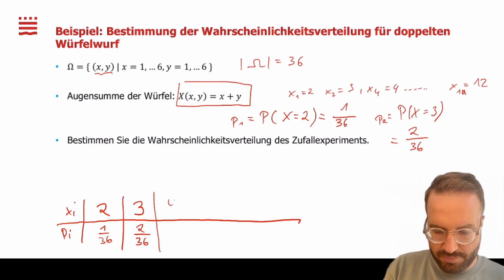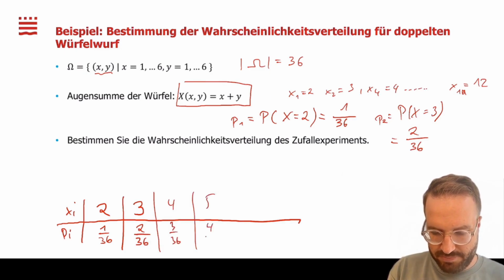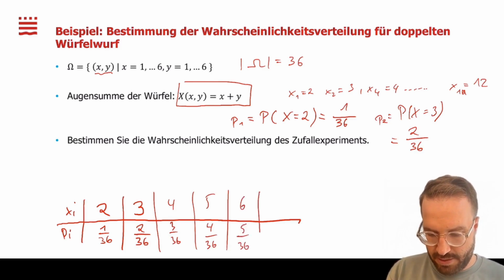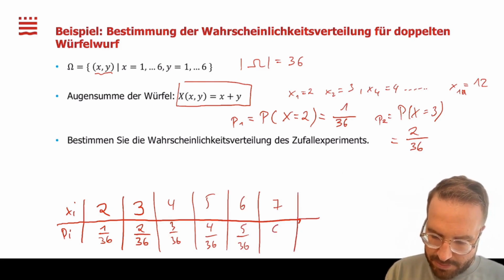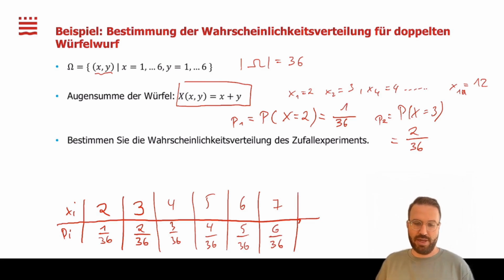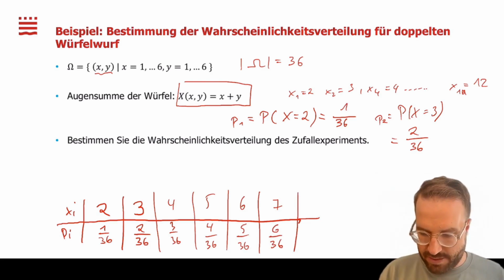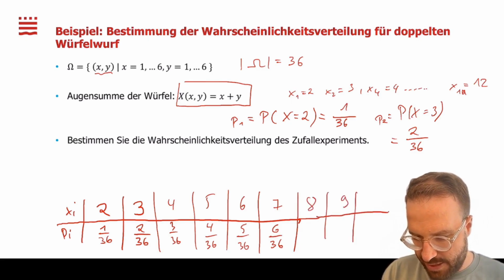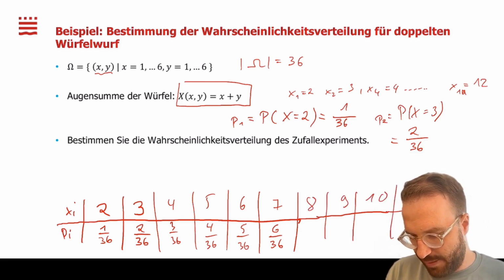For the 4, we have 3 possibilities. For the 5, we have 4 possibilities. For the 6, we have 5 possibilities, and for the 7, we have 6 possibilities. Then the 8, the 9, the 10, the 11, and the 12.